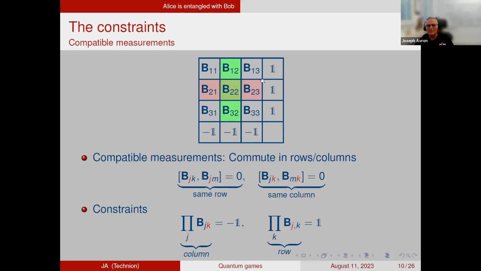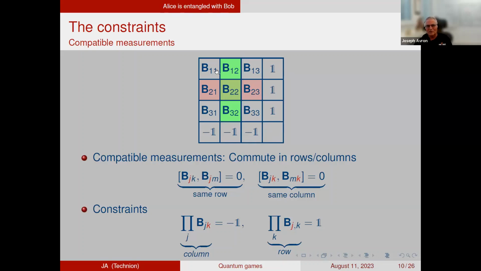But now, since we are decorating this table not with numbers, but with operators, the product of operators is non-commutative. So the fact that the product of these ones here gives 1 and the product of these -1s gives -1 is no concern, because the product of operators is non-commutative.